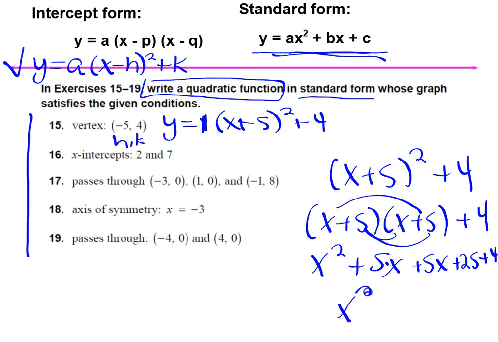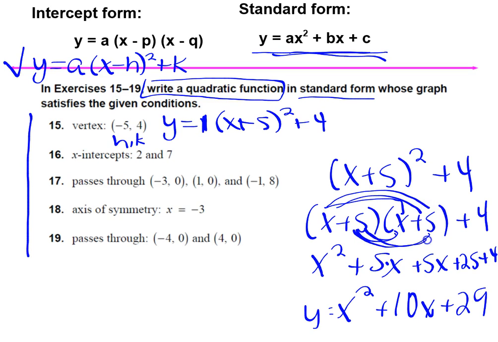And if we just combine the like terms, what's 5x plus 5x? 10x. And 25 plus 4? 29. Perfect. So that's the equation in standard form. Cool. All right. So when we're FOILing, we do first times first, outside times outside, inside times inside, and last times last.